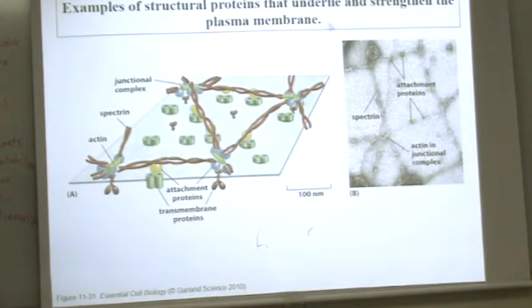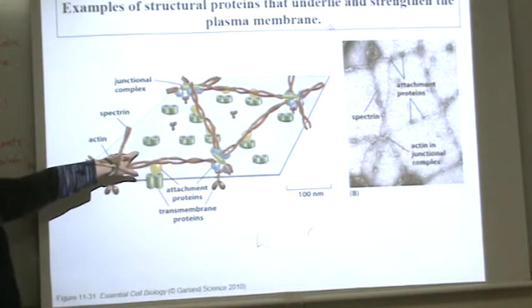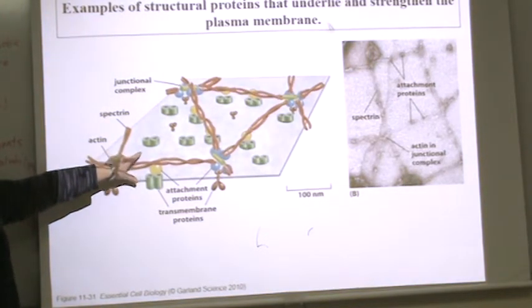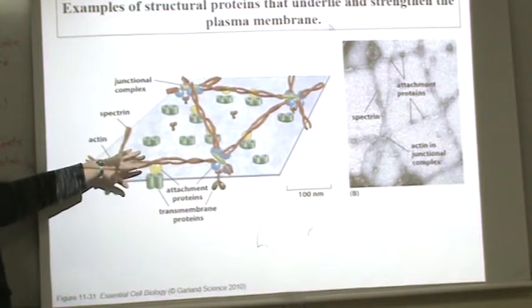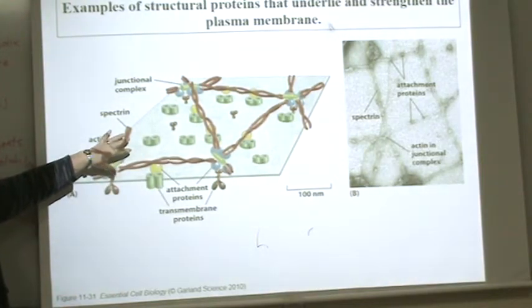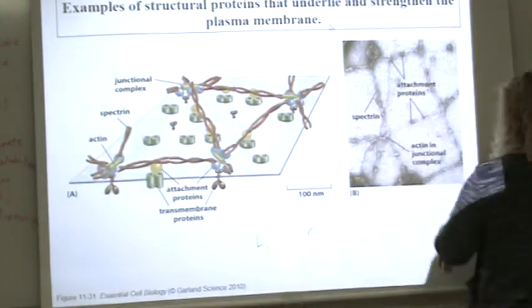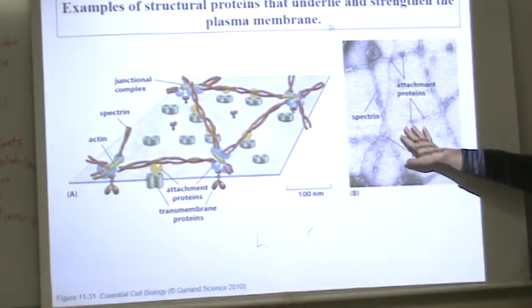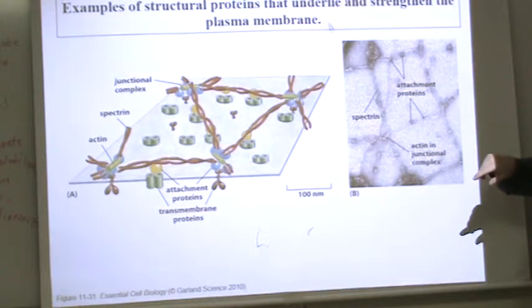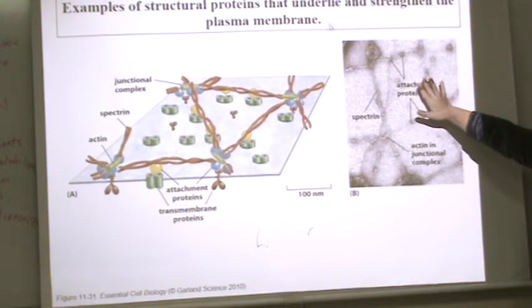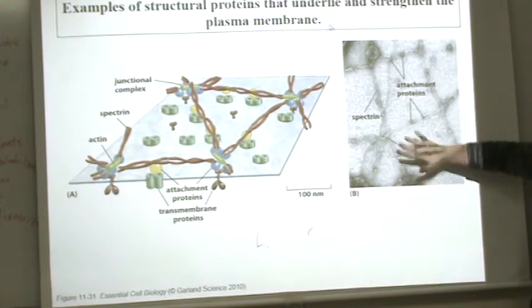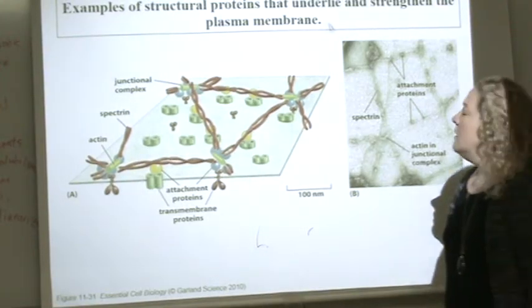And what we're looking at in here, this is the cytosolic face. I know that this is the cytosolic face because I know this stuff is interior to the cell. And so if we are looking at a picture like this, an electron micrograph, we would be inside the cytoplasm looking out toward the cytosolic face of the plasma membrane.